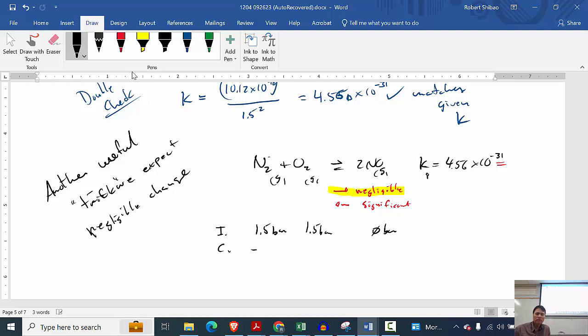And then our change is going to be minus x bar, minus x bar, plus 2x bar, as we've got to make a little bit of product to get this ratio here. And so at equilibrium, I expect to lose a little bit of the nitrogen, and I expect to lose a little bit of the oxygen. And I expect to gain some product, 2x bars worth. I should say negligible change.